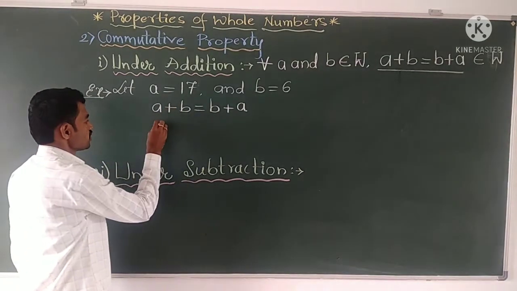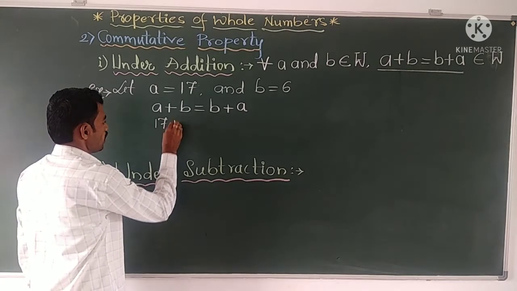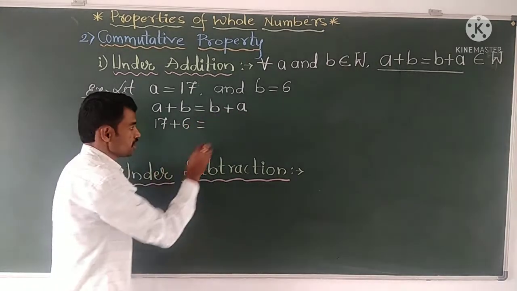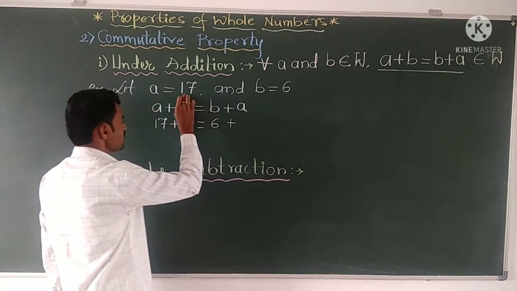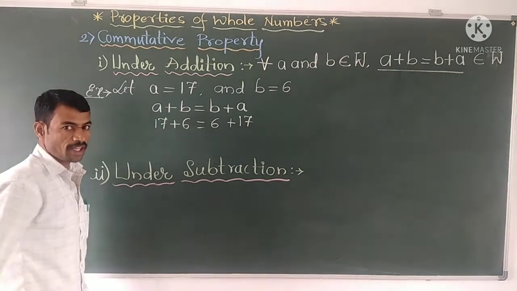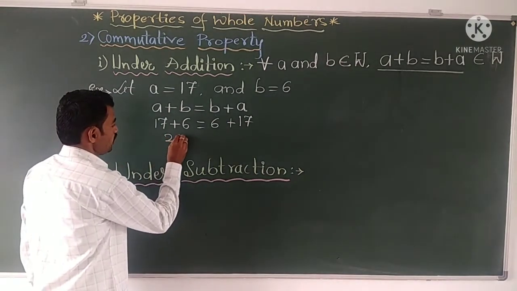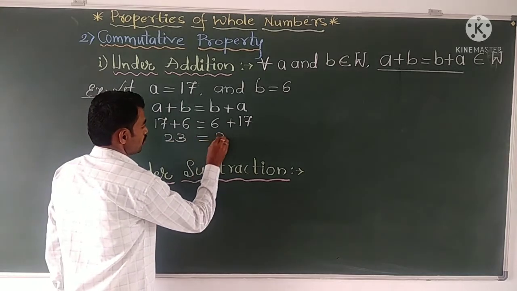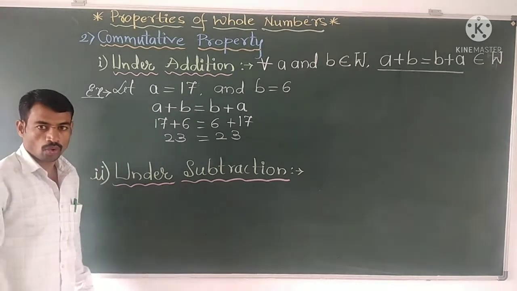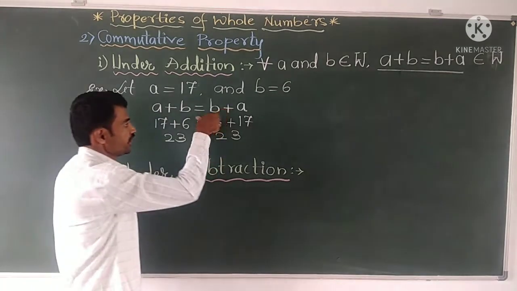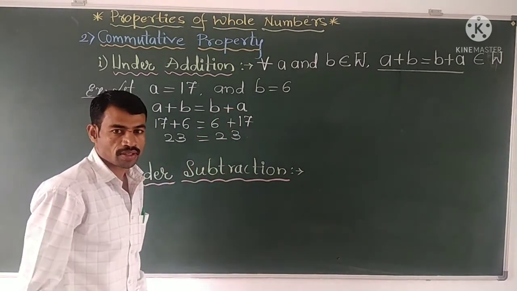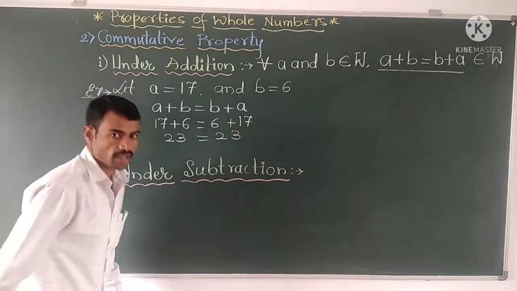So what about a? 17 plus, what about b? 6. Then 6 plus, what is a? 17. What is the sum of 17 plus 6? 23 equals 23. So both are the same. The sum of these two whole numbers, and we have written these two whole numbers in reverse order. Both values are the same.